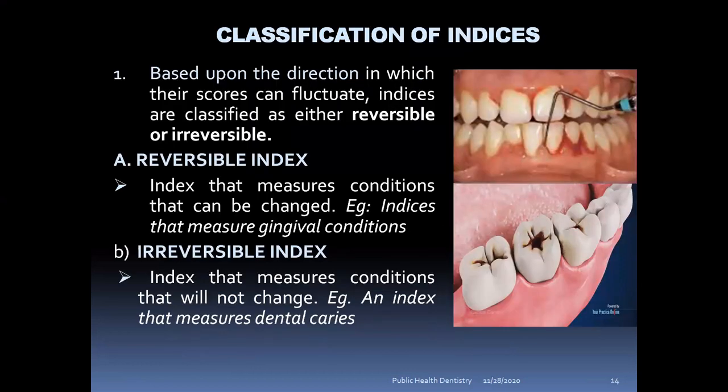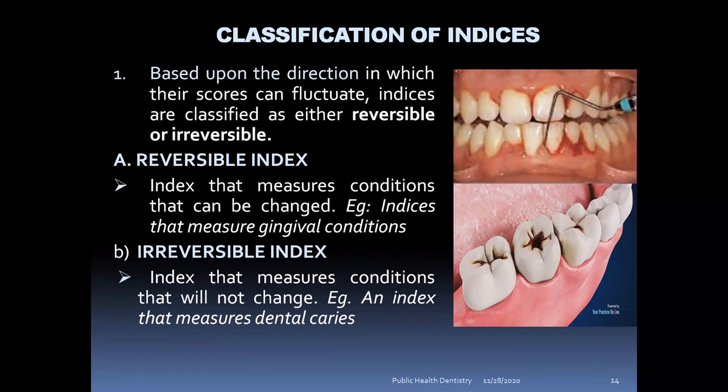Moving further onto the classification of indices. Based upon the direction in which their scores can fluctuate, indices are classified as either reversible or irreversible. As the name suggests, in a reversible index the condition can be reversed, whether in the patient's teeth or gingiva. Here you can see a gingival condition.